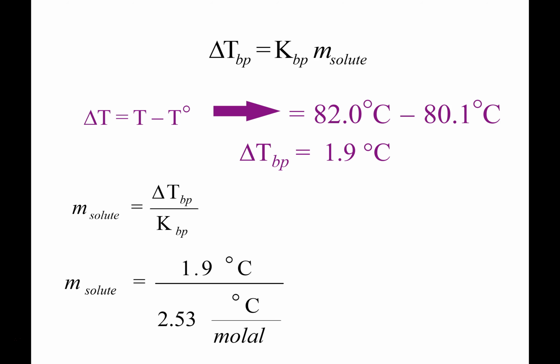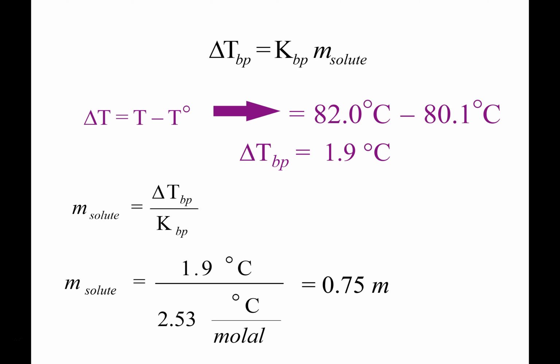Notice we have to make sure our units come along. Here the degrees Celsius cancel, the numerator of the numerator and the numerator of the denominator. And we've done this before where you end up with the inverse of molality in the denominator, and that is equal to molal. It's magic. To 2 sig figs, you're looking at a molality of 0.75 molal.